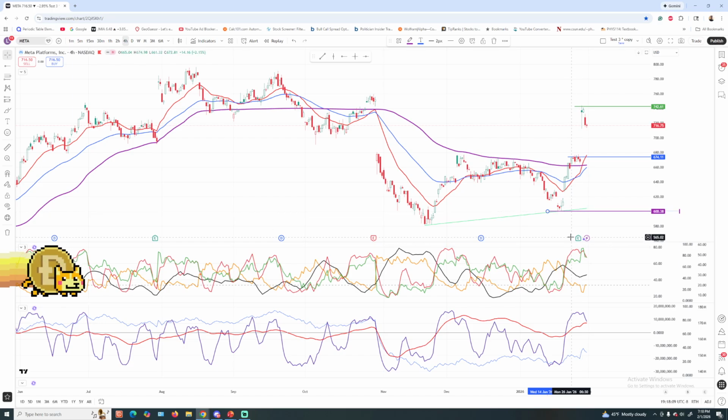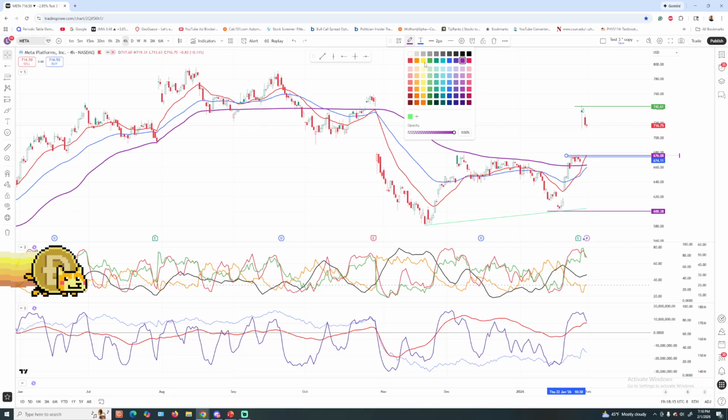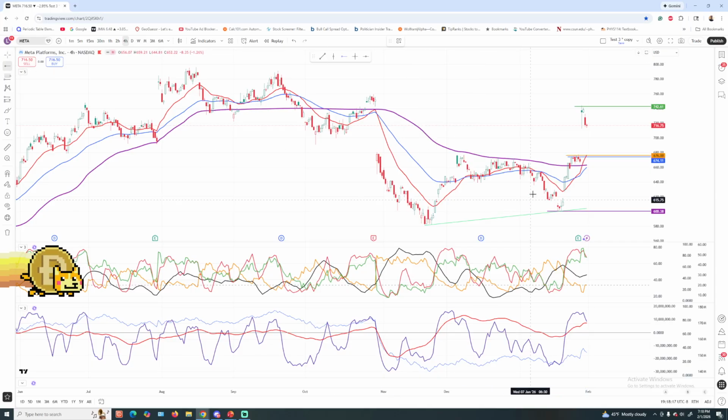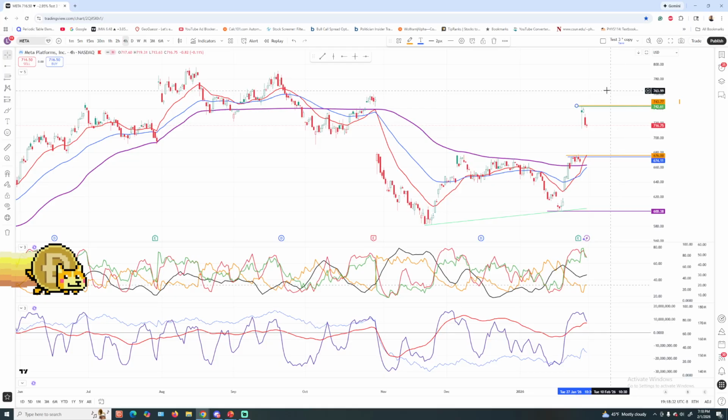We have the first initial 4-hour resistance, and it created a secondary one right here, right on the daily. So we have two heavy resistances, which makes sense. If it breaks above the 743 or 744, probably a huge uptrend. Is that what they say?